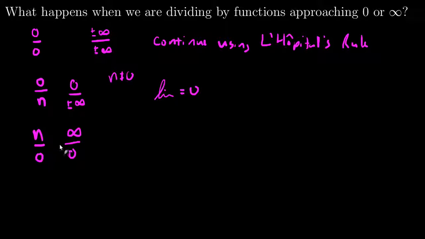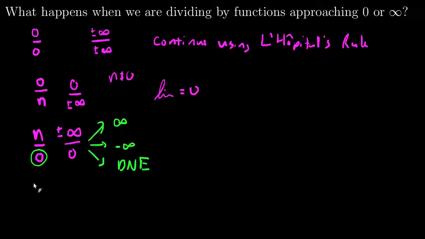what's important is this can be one of three things. I can either get positive infinity, I can get a negative infinity, or I can get a DNE. And the DNE really depends on what happens with the 0.